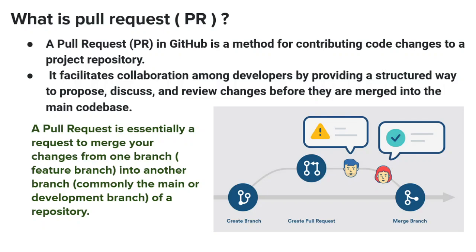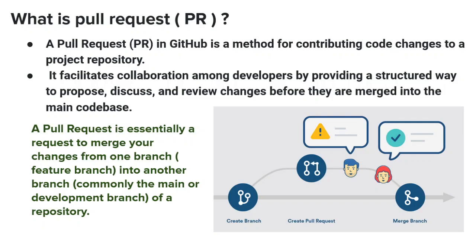Whatever changes the developer has made in the new feature branch, before merging into the main or master branch, they can provide that specific code, which includes various commits in that branch, to another developer for review. It facilitates collaboration among developers by providing a structured way to propose, discuss, and review the changes before they actually merge those changes into the main code base.